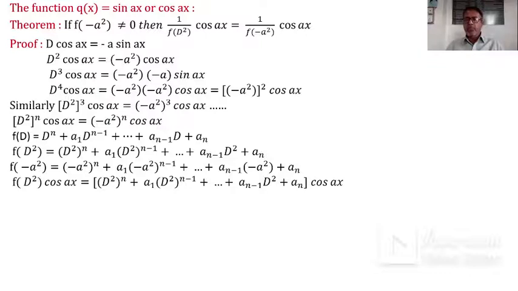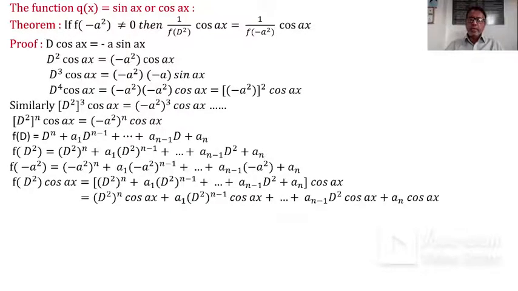Now we simplify this bracket. We operate each operator on cos ax. We obtain D square to the power n operating on cos ax plus a1 D square to the power n minus 1 operating on cos ax plus and so on, plus a n minus 1 D square operating on cos ax plus a n cos ax.